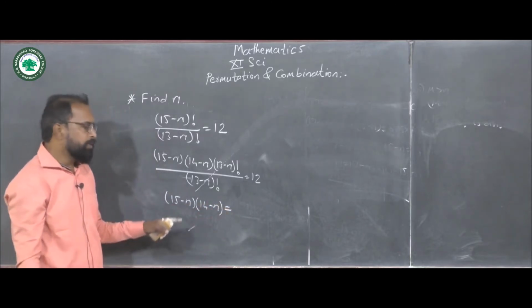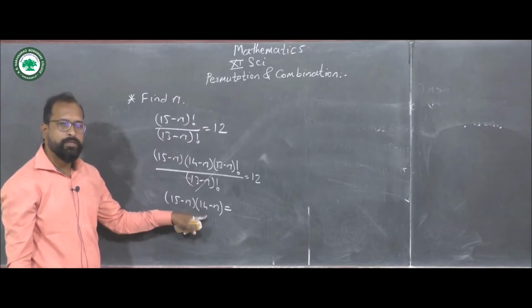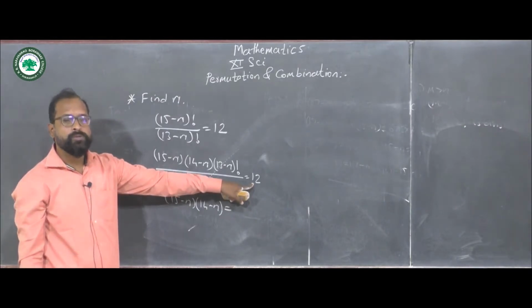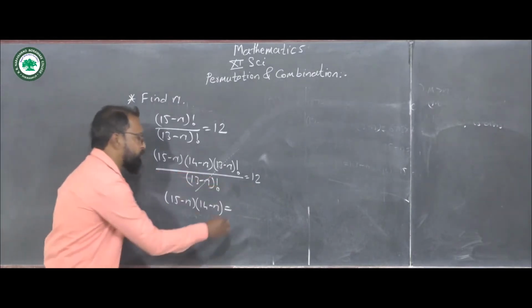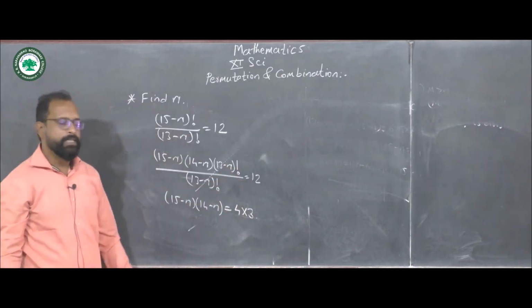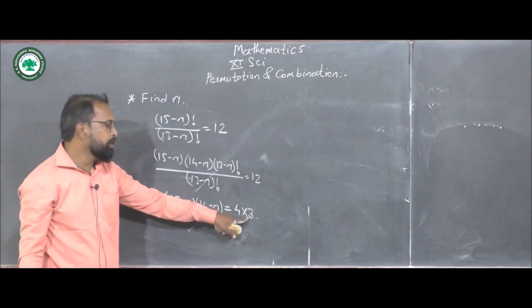Now see here, the LHS is the product of two consecutive natural numbers. So write this 12 as a product of two consecutive natural numbers. This 12 can be written as 4 into 3, that is the product of 4 and 3, which are two consecutive natural numbers.